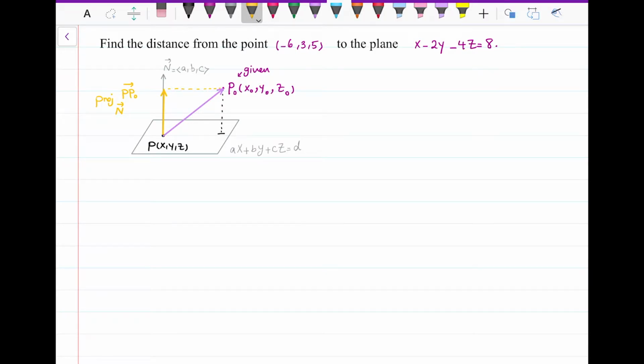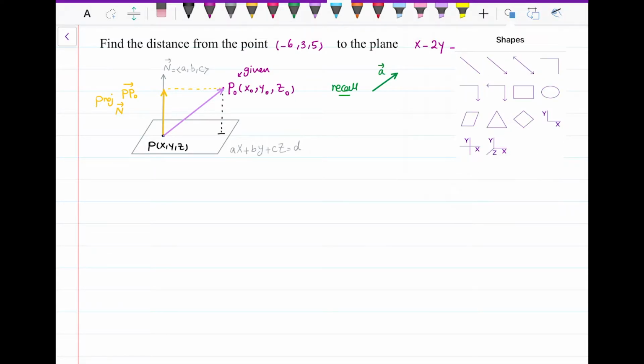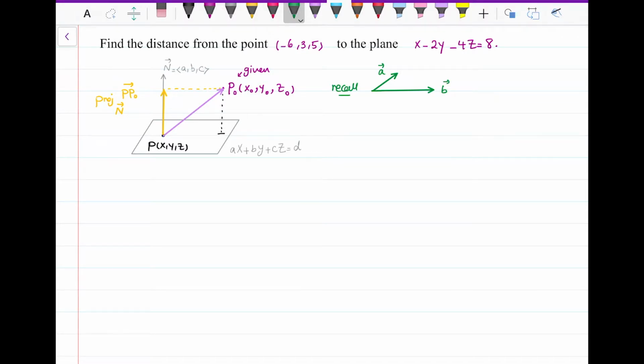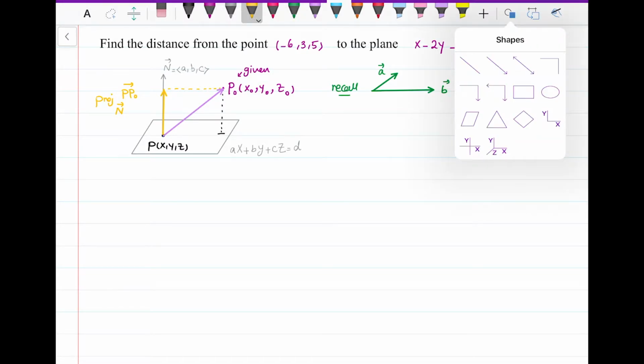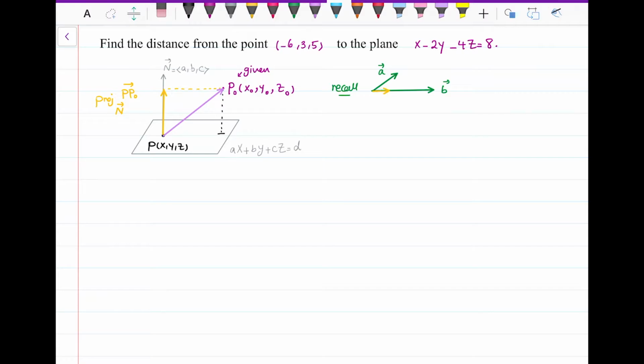Let me give you a recall of the projection. If we are given a vector a and another vector b, then the projection would be a vector up to this point, where this is the right angle.